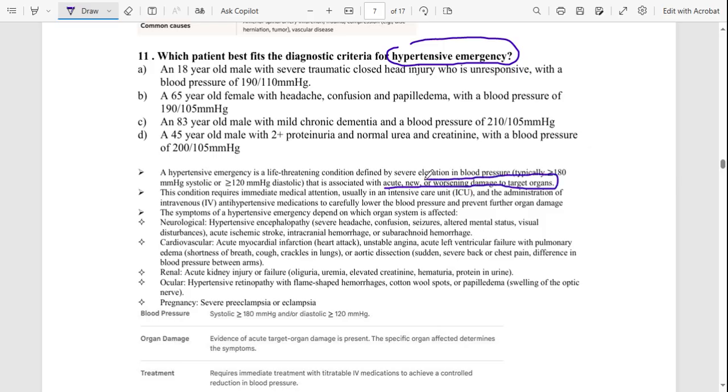So this part is very important. Besides looking at the BP greater than 180 over 120, there should be acute or new or worsening damage to target organs.